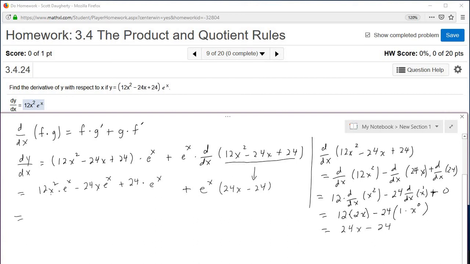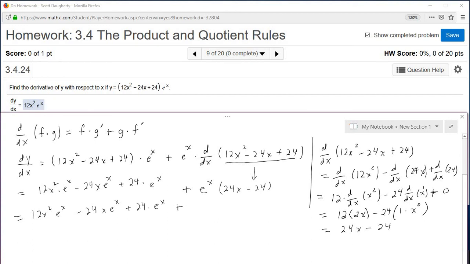Okay, so now we have a whole bunch of terms here. The last part here, we should also distribute the e to the x to both of those. So let's write out the first piece here, 12x squared times e to the x minus 24x times e to the x plus 24 times e to the x.